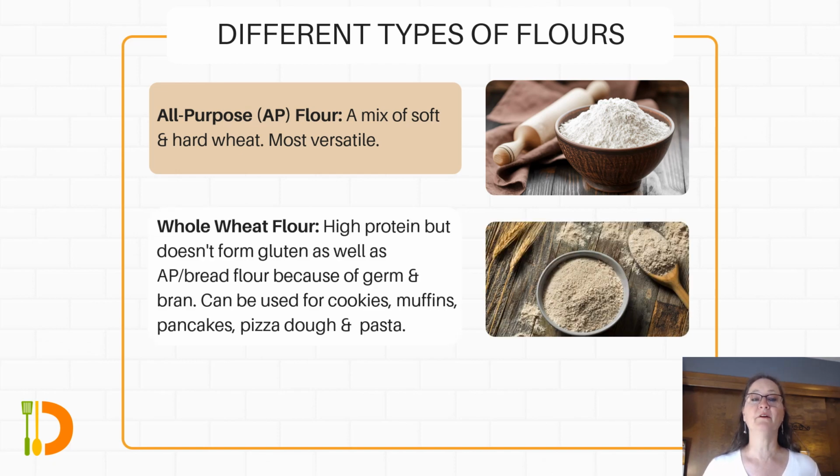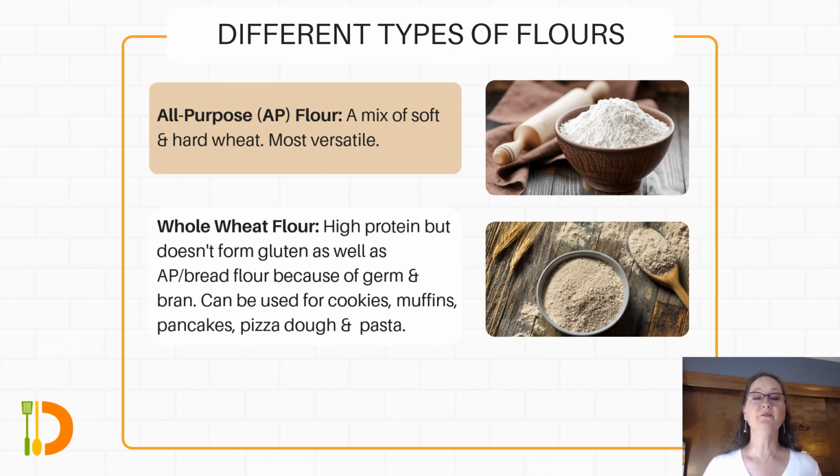Whole wheat flour is high in protein, but it doesn't form gluten as well as an all-purpose or bread flour because of the germ and the bran. Sometimes you can replace 100% of all-purpose flour with whole wheat, but often it's best to replace starting at about 1/3 of the all-purpose flour with your whole wheat flour, especially with recipes such as homemade pasta that need all-purpose for texture.